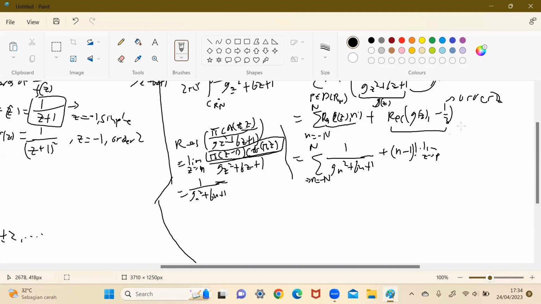It's going to be the general form, the limit of this expression. Okay, I'm not going to rewrite this. Now we substitute k equals 2.